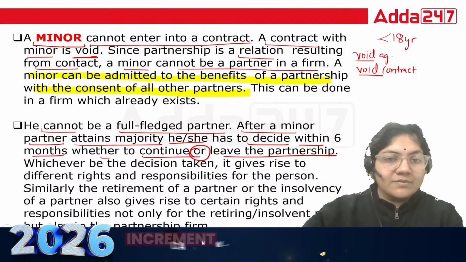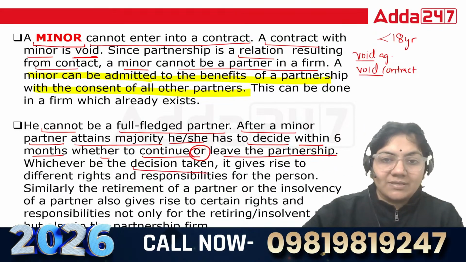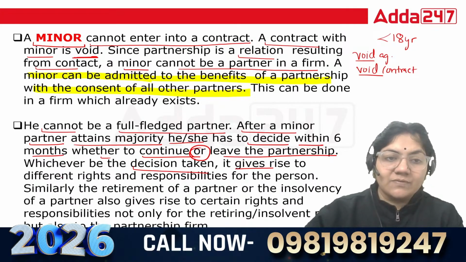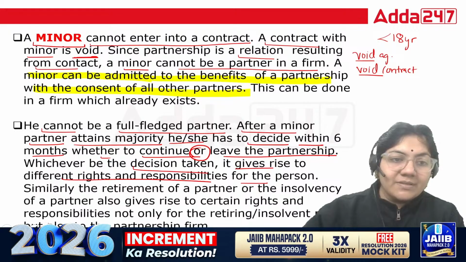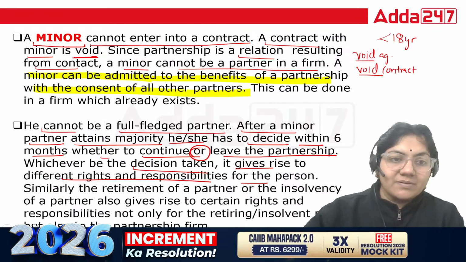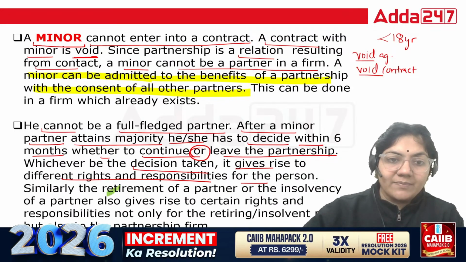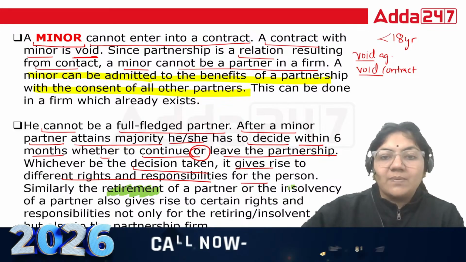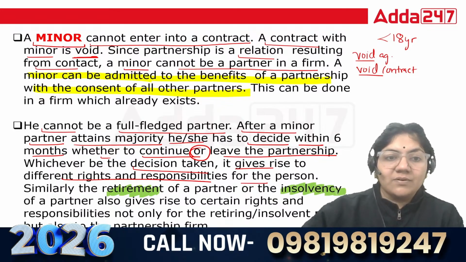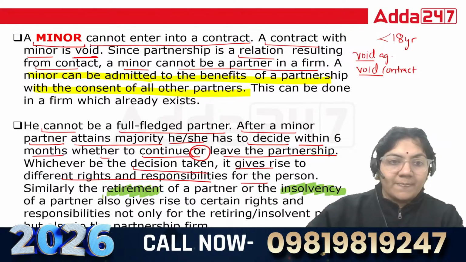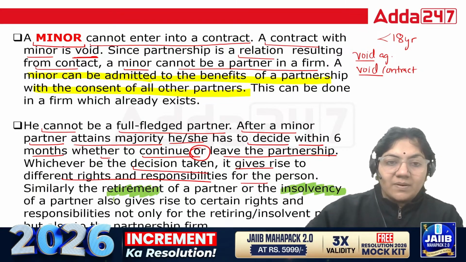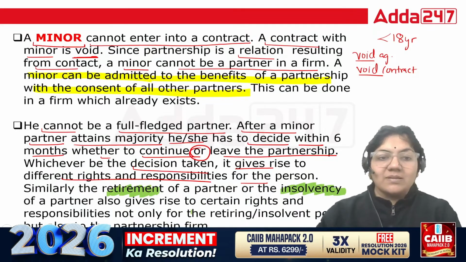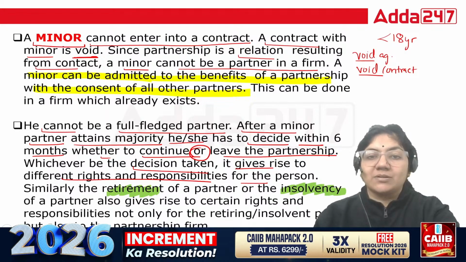Whichever decision is taken, it gives rise to different rights and responsibilities. Similarly, if any partner retires or becomes insolvent, the retirement or insolvency of a partner also gives rise to certain rights and responsibilities, not only for the retiring or insolvent partner but also for the partnership firm.